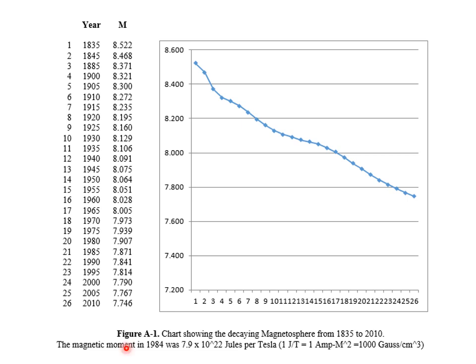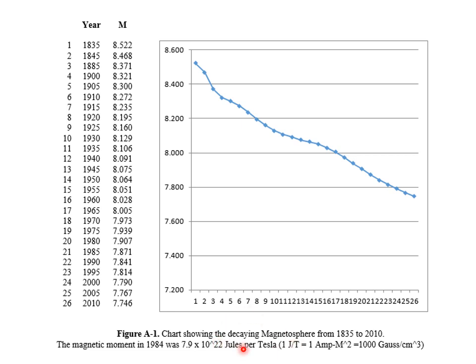Okay, so here's what that looks like. We're looking at a chart showing the decay of the magnetosphere from 1835 to 2010. You can see this column is showing the years that these measurements were taken. The first one, taken in 1835, was 8.52 times 10 to the 22nd joules per Tesla. And here are some conversion factors from Gauss strength to joules per Tesla.